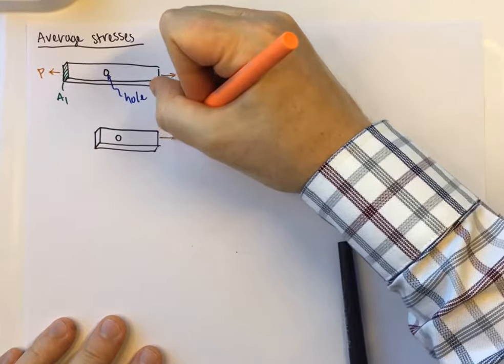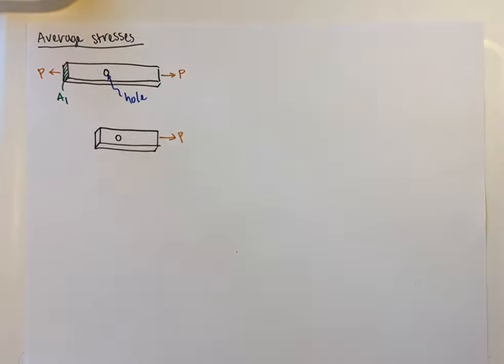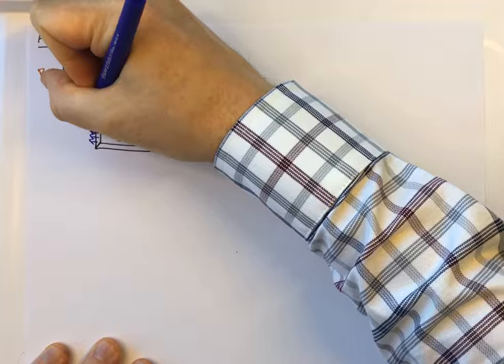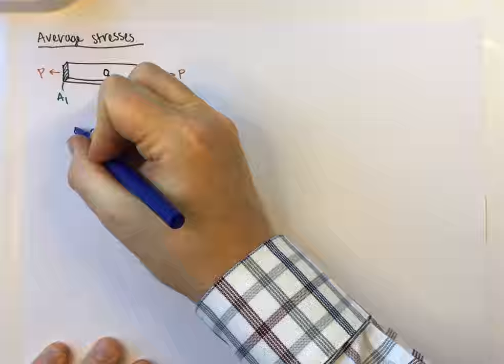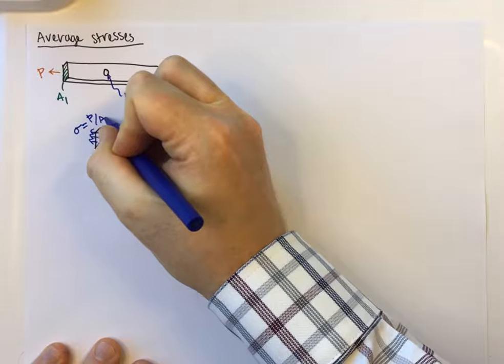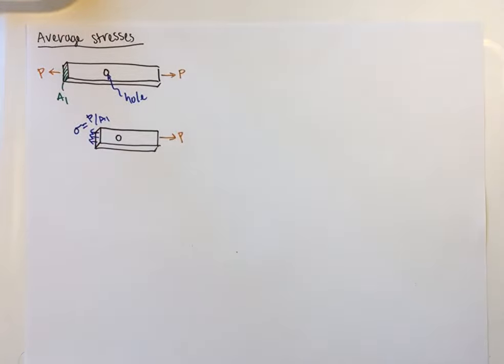We still have P going that way. And now we have some internal stress. So that's going to be sigma. And we would say the average stress would be P over A1. And in that case, yeah, it's actually a pretty good approximation. That's what we've been doing so far, and that's certainly okay.